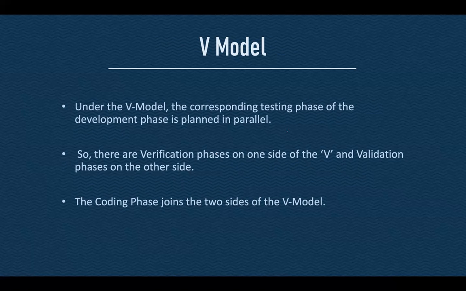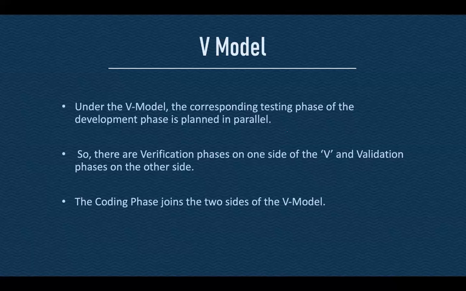Instead of moving down in a linear way, the process steps are bent upwards after the coding phase, which forms a typical V shape. This means that for every single phase in the development cycle, there is a directly associated test phase. That's the specialty. This is a highly disciplined model, and the next phase starts only after completion of the previous phase.